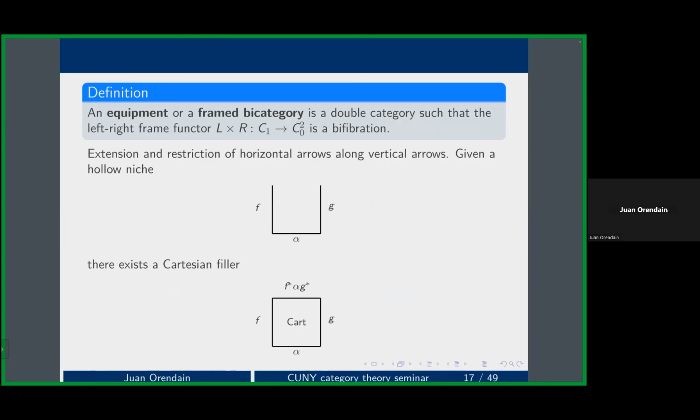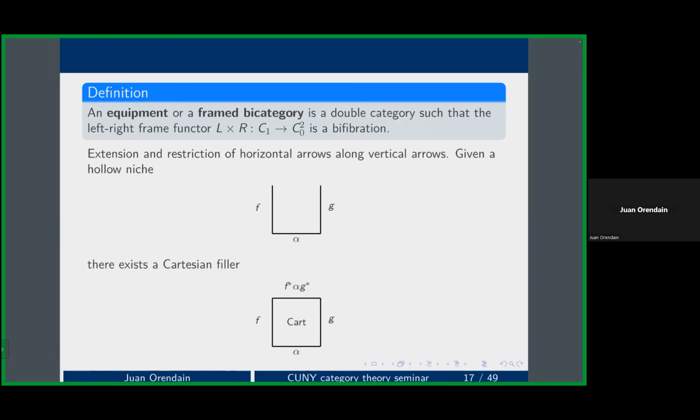What that means is that if you have your double category and you have a niche like this, so you have a horizontal arrow alpha and two vertical arrows F and G that look like this, then you can fill this with a Cartesian square.